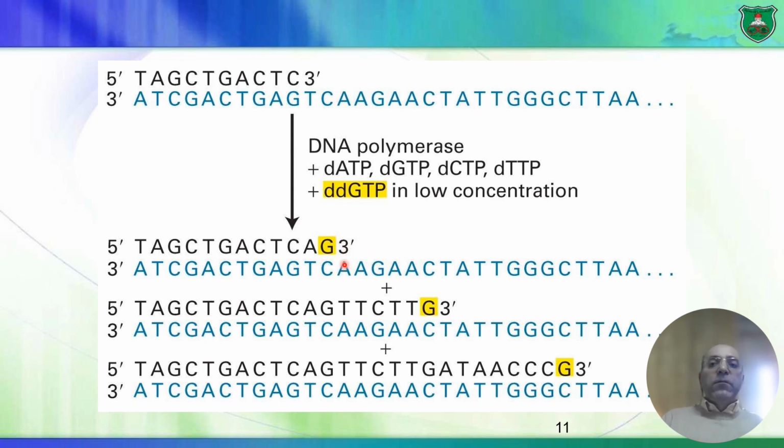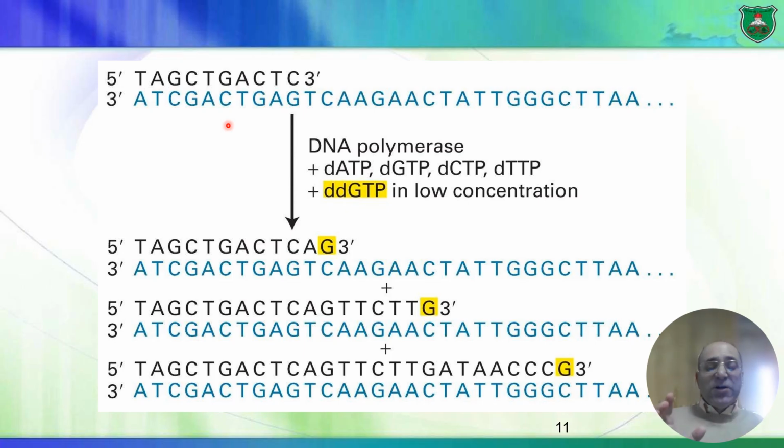Now, what I forgot to tell you, and I'm sorry about that, is that the primer is labeled with radioactivity. So it gives a signal. Now, let's say that we have 1,000 molecules of this template. Remember, I'm not talking about one molecule of template, one molecule of DNA polymerase.